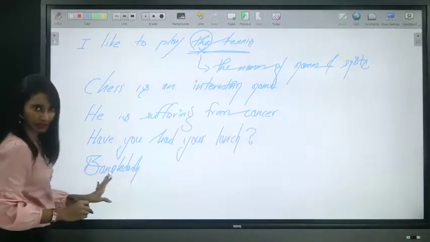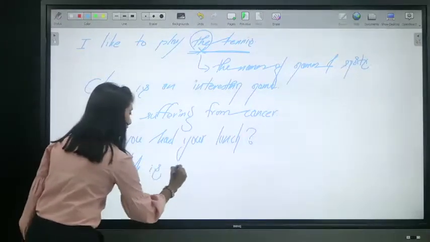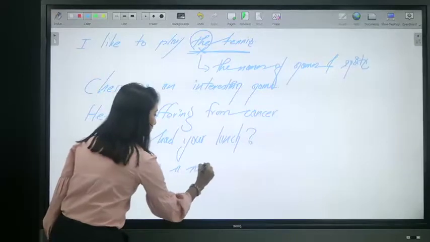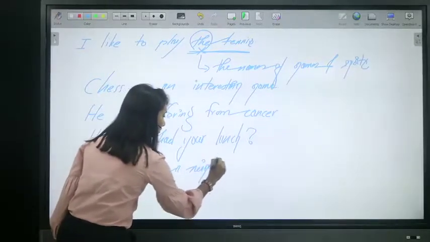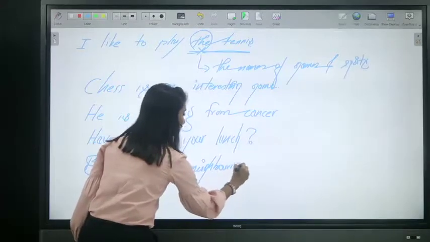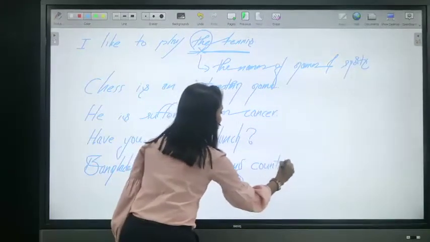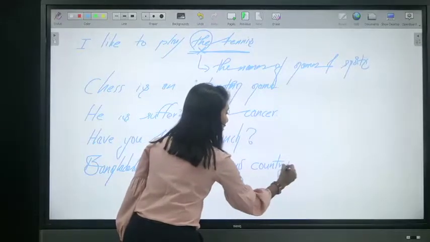Bangladesh is the name of the country. Bangladesh is a neighboring country. We have many neighboring countries, and in that, Bangladesh is one.